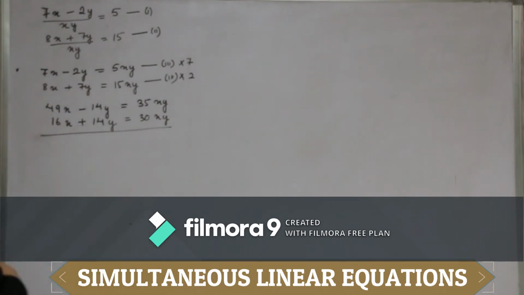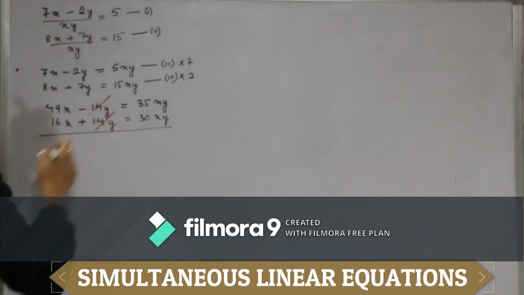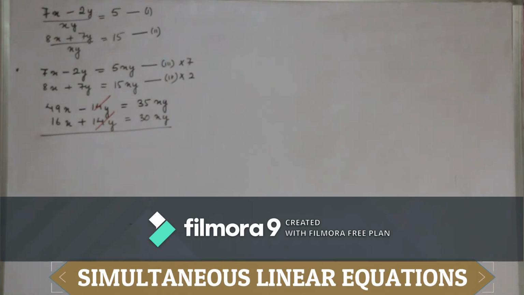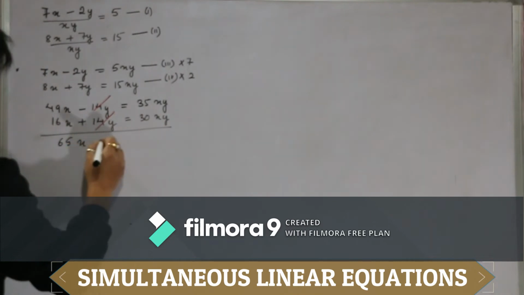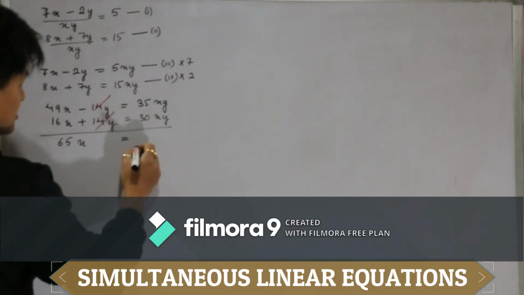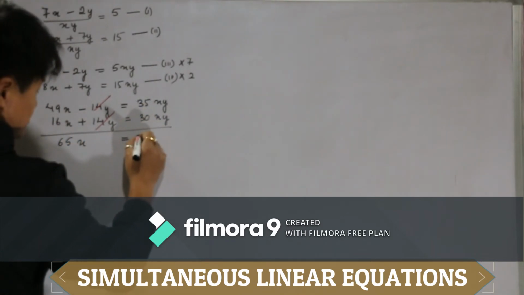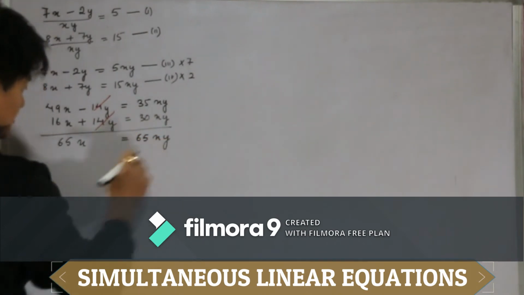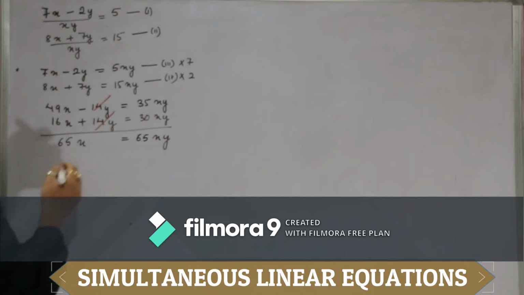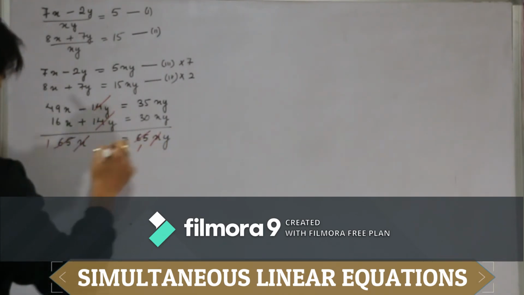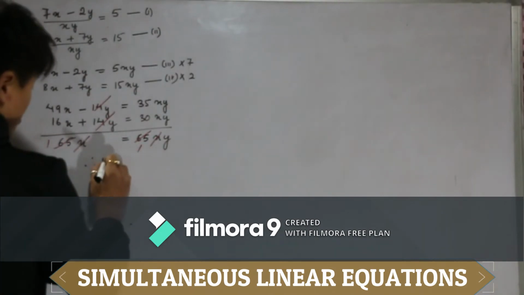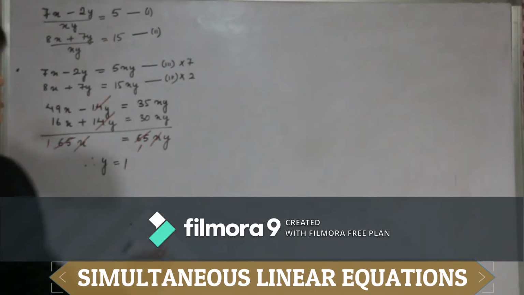Then simplifying, these two will get cancelled. 49 plus 16 will become 65x is equal to 30 plus 35, 65xy. We can cancel x on both sides. 65 1s are 65, 65 1s are 65. Therefore y is equal to 1.